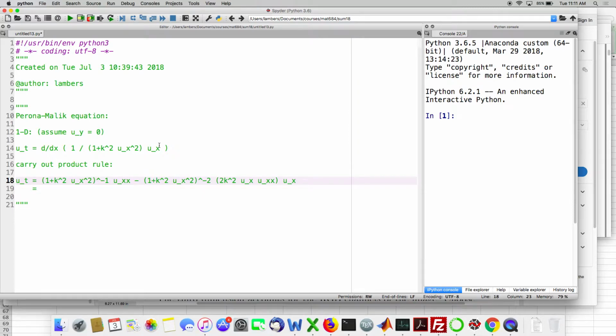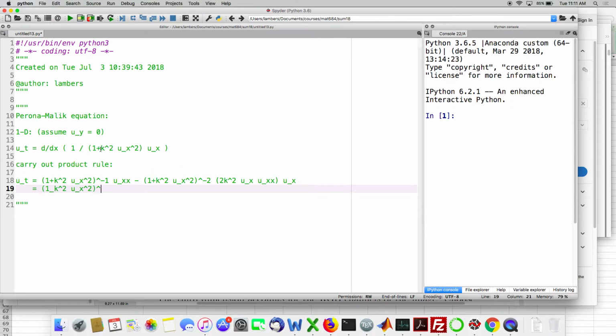And now I'm going to factor out of all of this mess a 1 plus k squared ux squared to the minus 2.